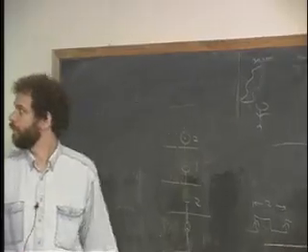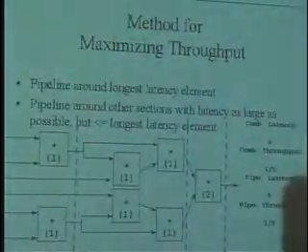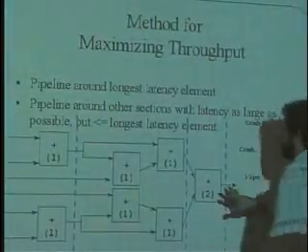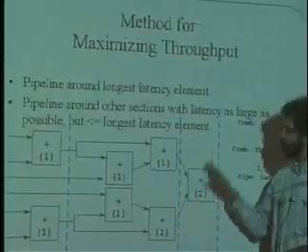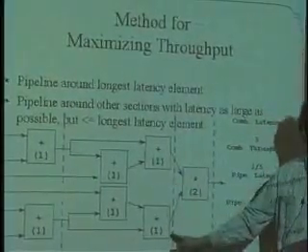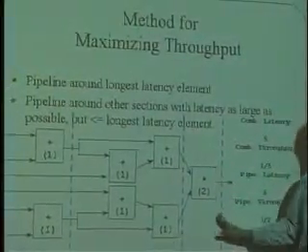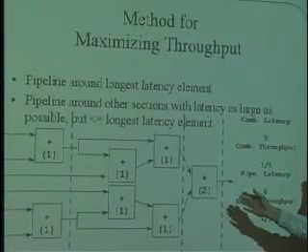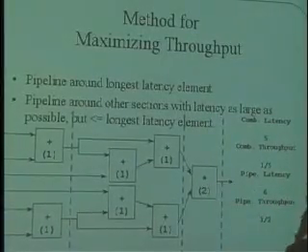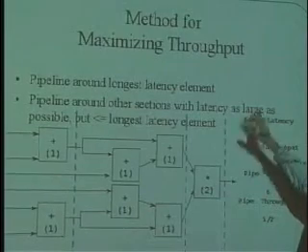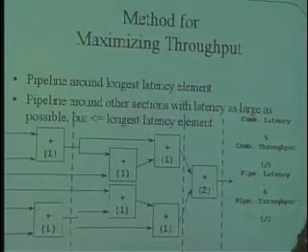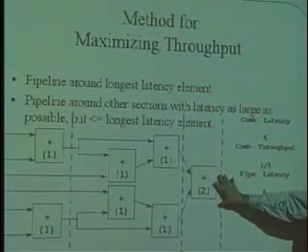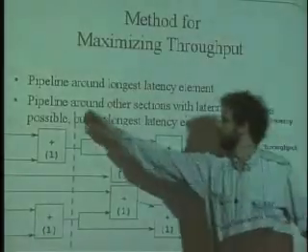Okay, let's look at this example here. Very similar to the one I had on the board before, okay? Here we have the multiplier that takes 2 time units, so we put registers around that one. Okay, remember, we're always going to have a register on the output. And then looking backwards, we chunk it so that the other sections have the latency as large as possible, but less than or equal to the latency of the longest element, which in this case, we just do it at 2 over here.